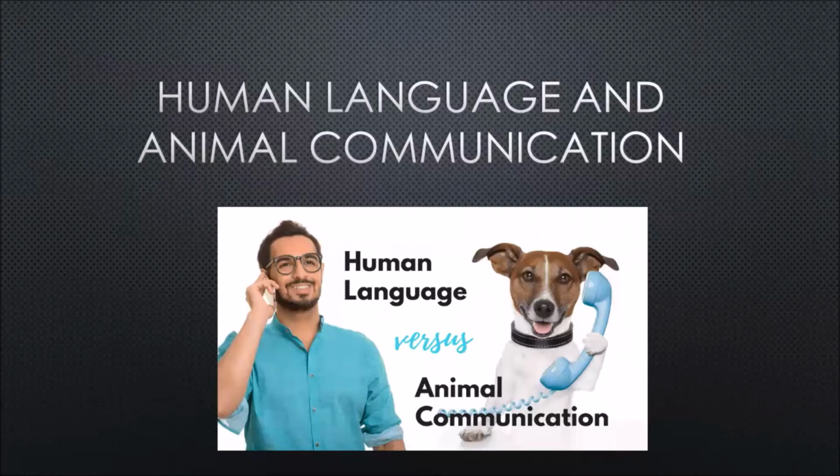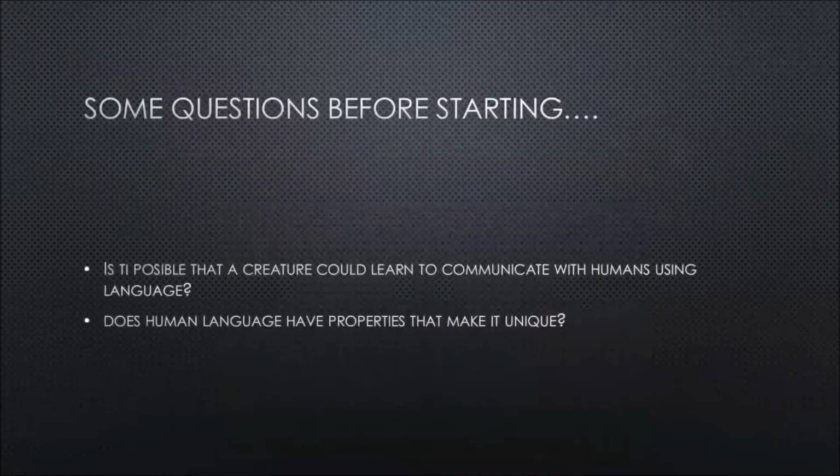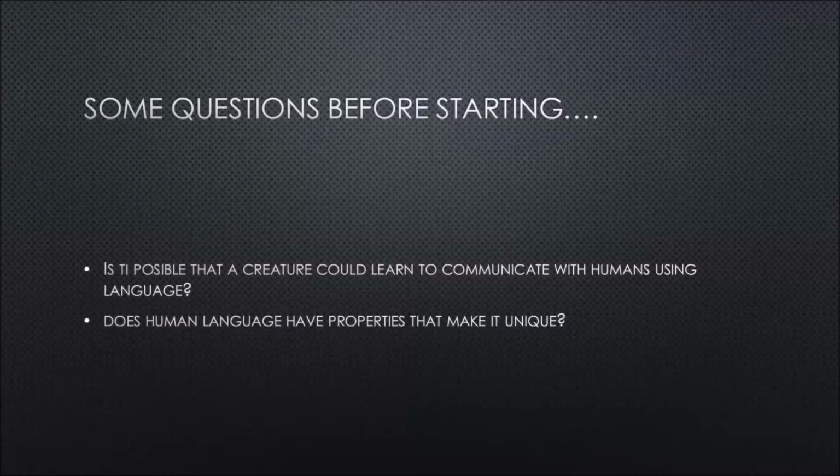First of all, what is language? What is human language? Human language is an elaborated signaling system, and it has particular design features. Here we can see in this slide two questions.